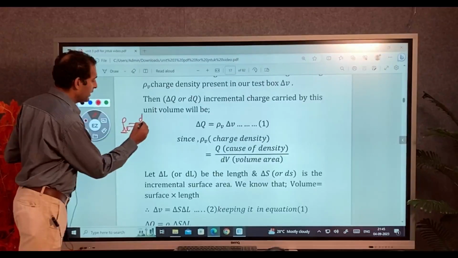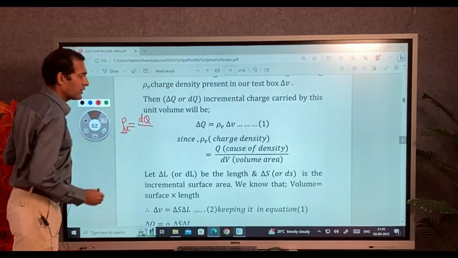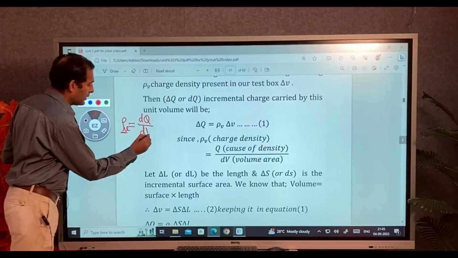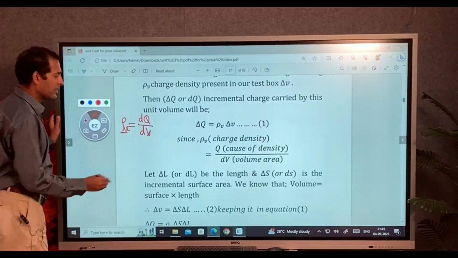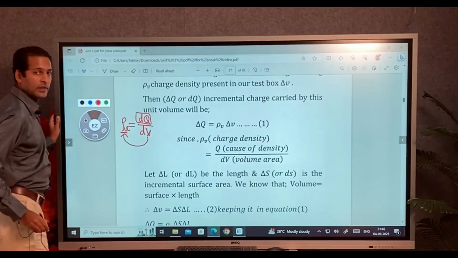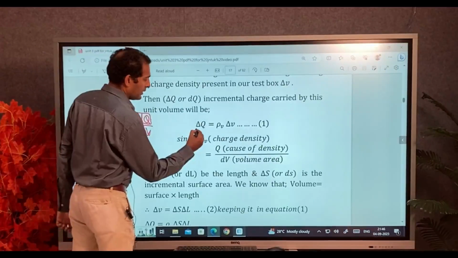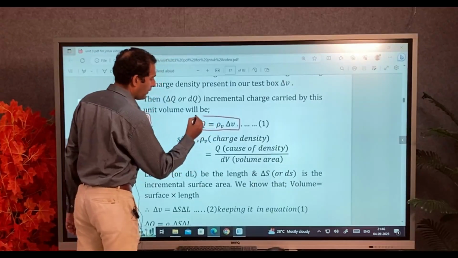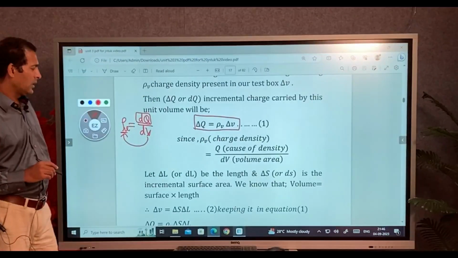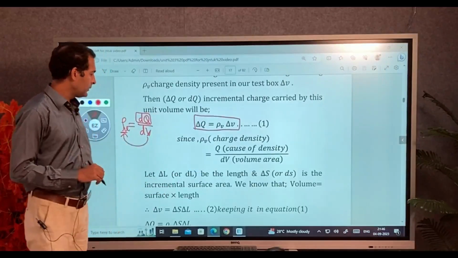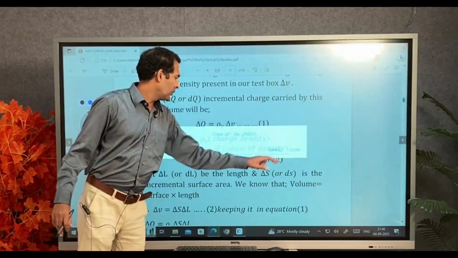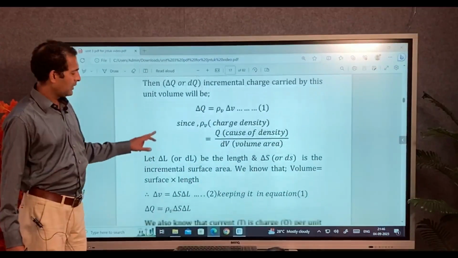So this will be dq, inversely proportional to the volume, so it will be dv. From here, if we have to find dq, dv will go to this side. So we can write dq is equal to rho v dv. This is our equation number 1. This is the reason we got dq is equal to rho v dv.